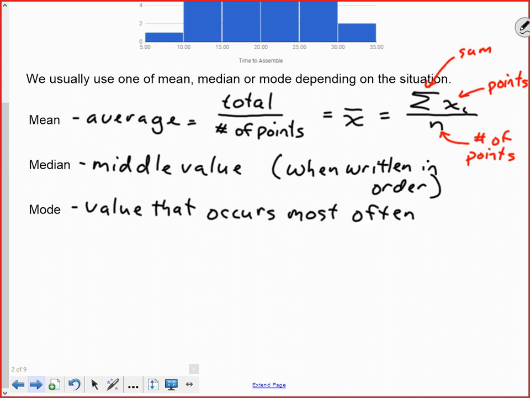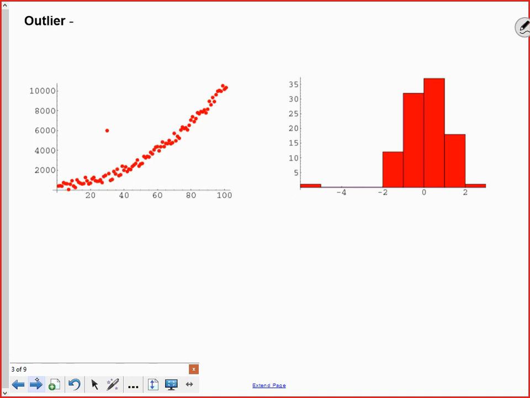Now, how do we know which of these things we want to use? Well, which one we use depends on the data that we have. And the thing that we're looking for in the data is what are known as outliers.